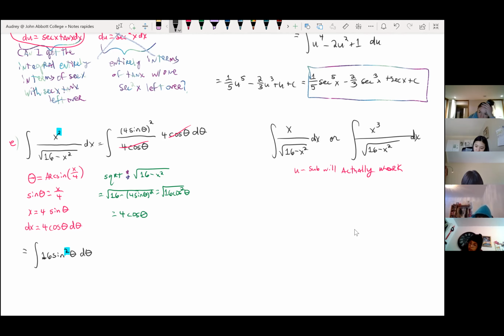If I were to try sine squared is equal to 1 minus cosine squared, that's still not helpful because I still have cosine squared, and that cosine squared is not a known form. If I use the Pythagorean identities, I just go back and forth between sine squared and cosine squared. So instead, we use the fact that sine squared is equal to 1/2 times 1 minus cosine of 2 theta.